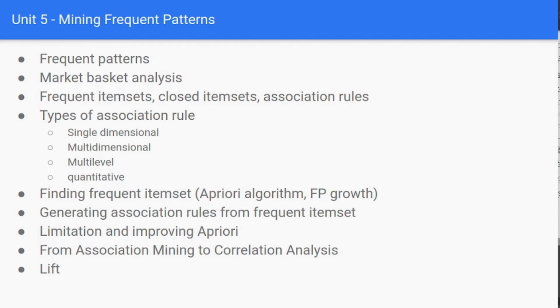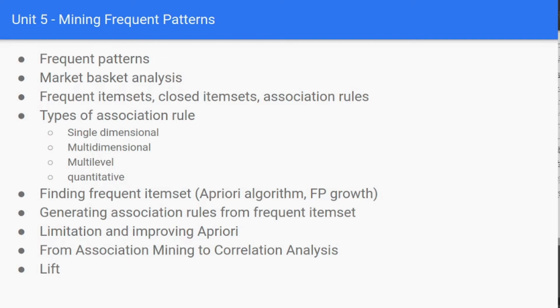At the center of this unit is finding frequent item sets: the Apriori algorithm, and then FP growth. So those are the two. I'll only go through Apriori. People can go through FP growth also on their own.